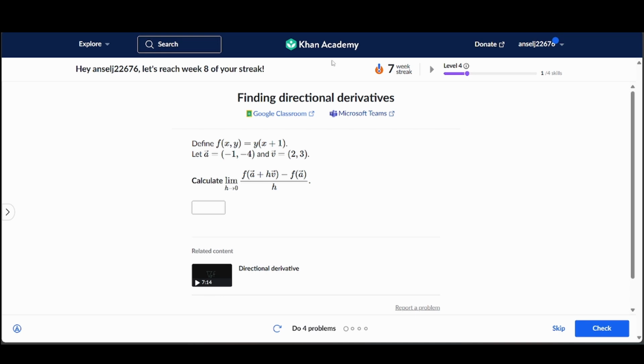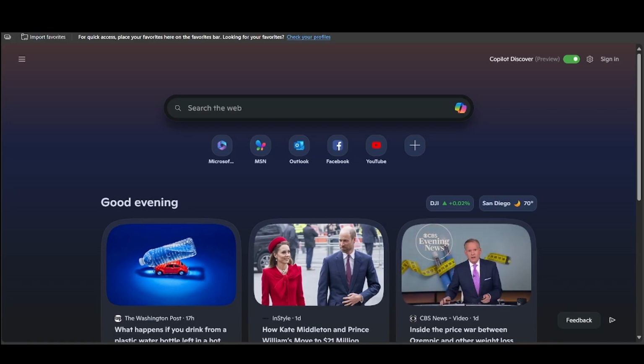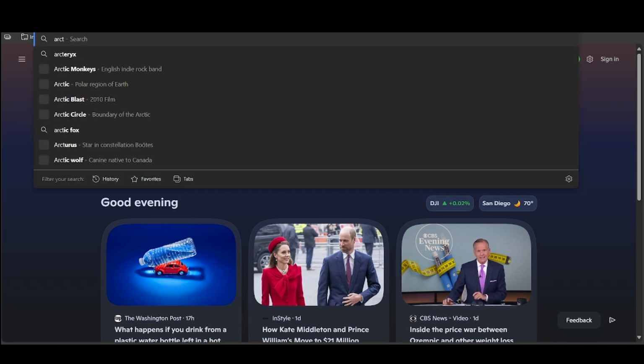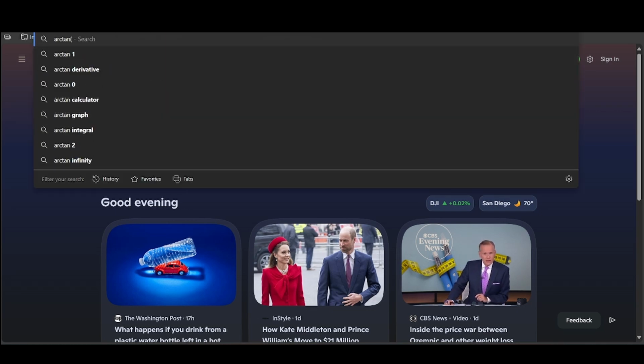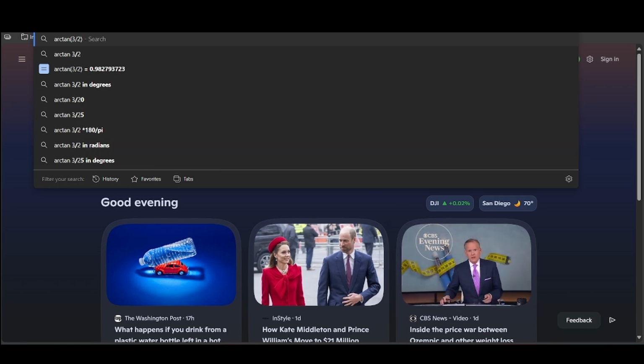What are the 2 inputs? Arctangent of 3 halves. See, this should be it. What are the new ones?